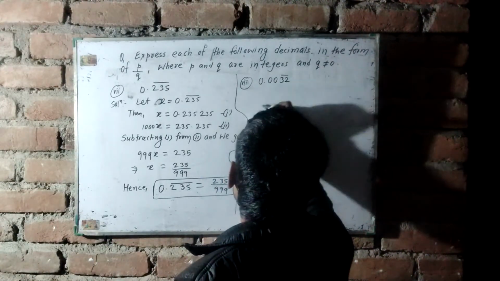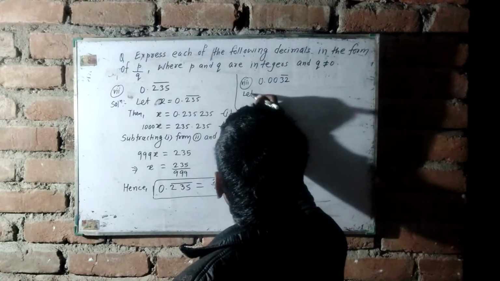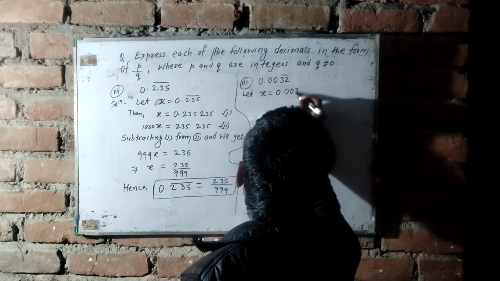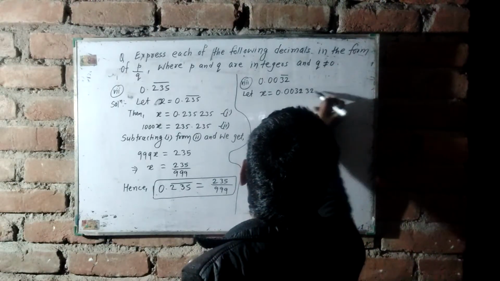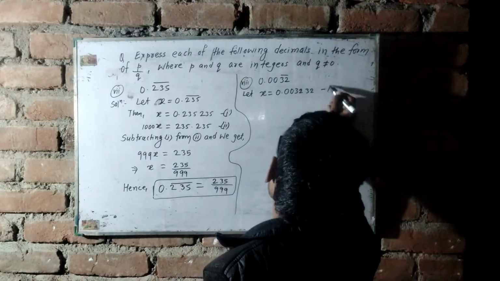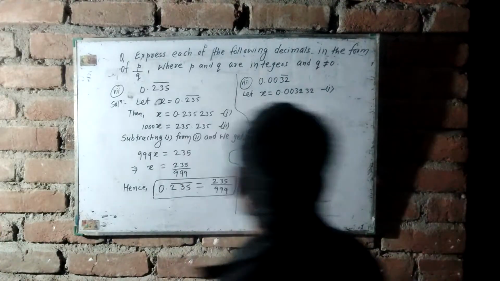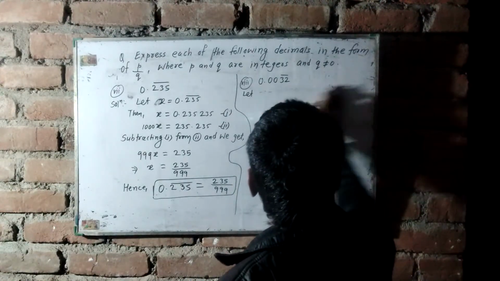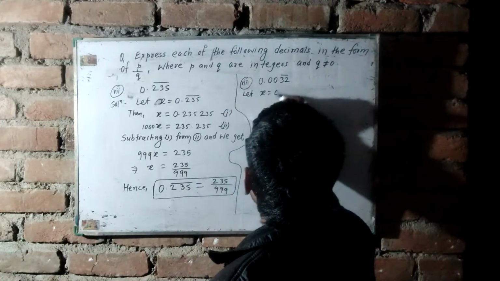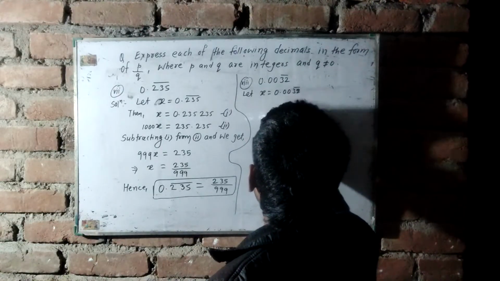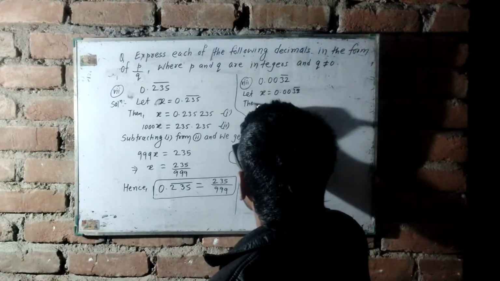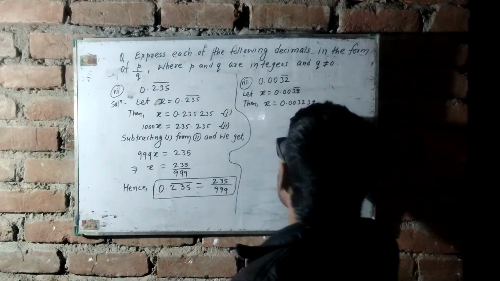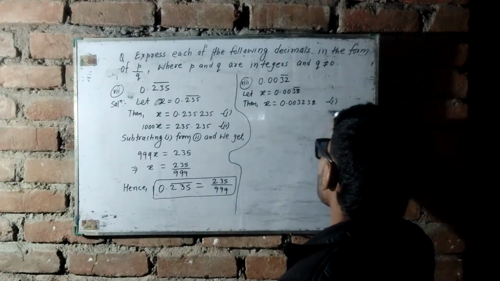0.0032 over bar 32. Let x is equal to 0.003232. Let this expression be equation first.